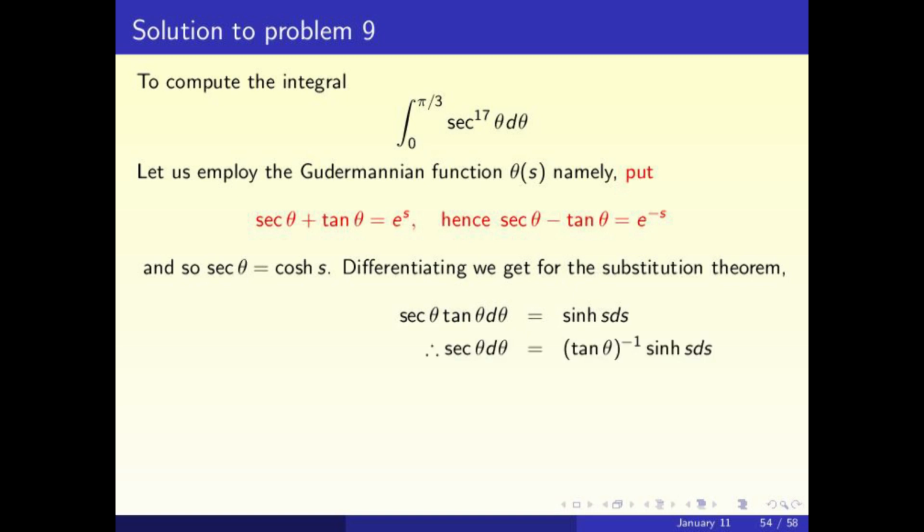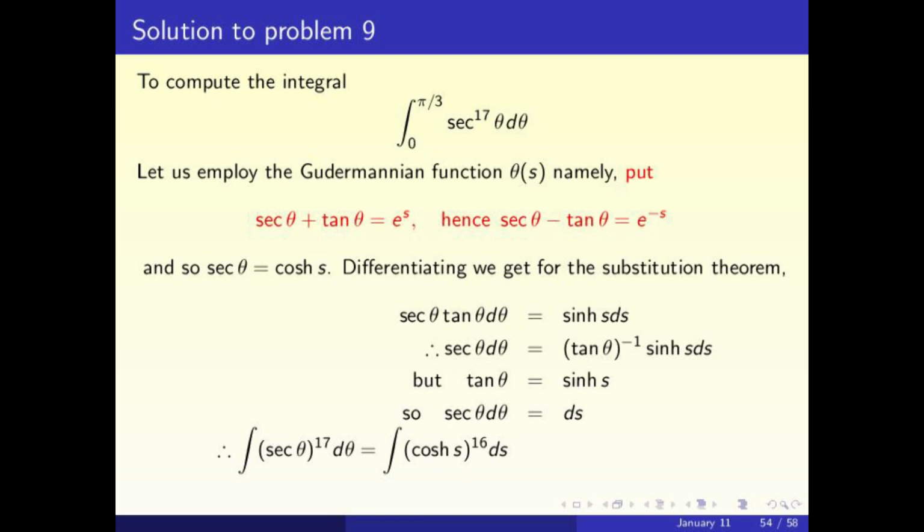So secant theta d theta will be hyperbolic sine s ds divided by tan theta. But tan theta equals hyperbolic sine s. Therefore, secant theta d theta equals ds.